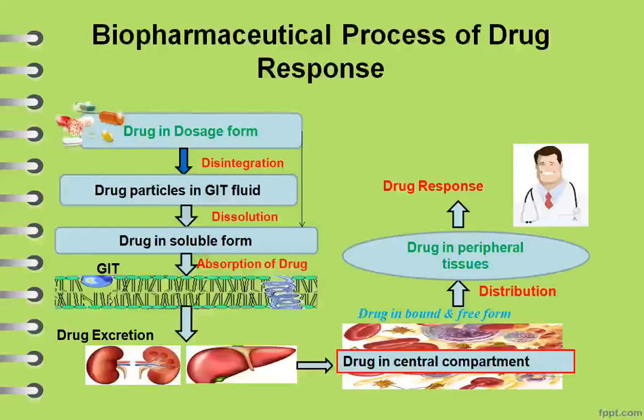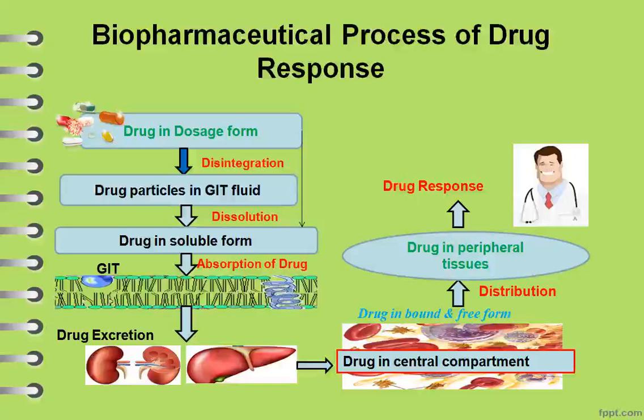Next is the biopharmaceutical process of drug response. The drug is present in a particular dosage form like tablet or capsule. In case of tablet, the drug first disintegrates into fine particles, then dissolution of these fine particles occurs to form a solution, and then absorption of the drug through the membrane occurs.